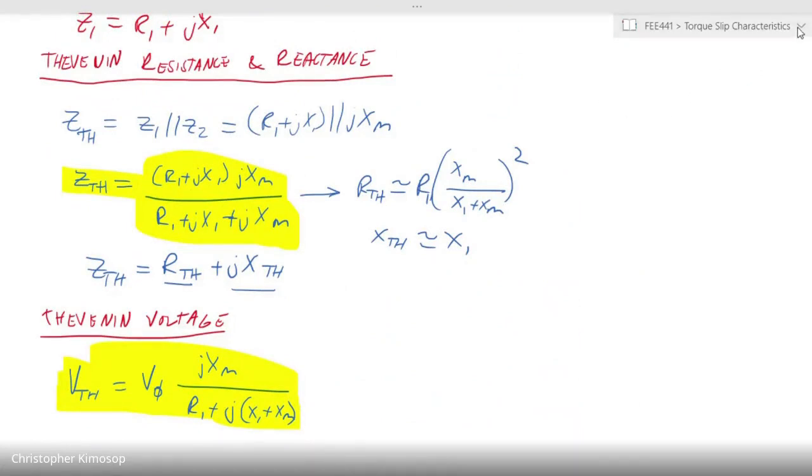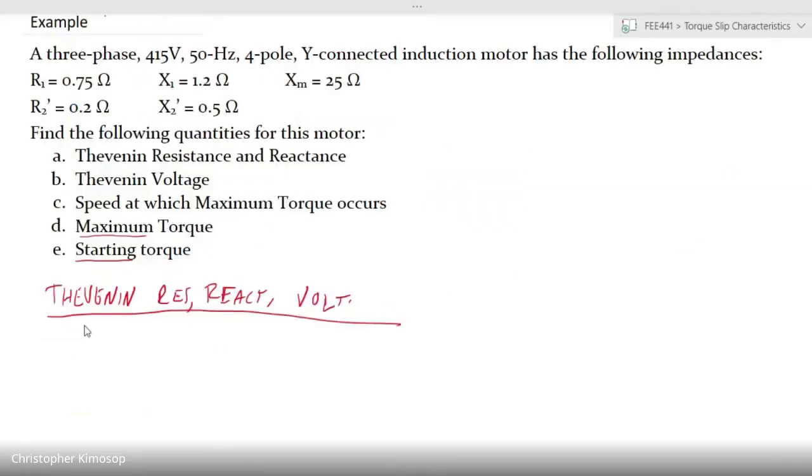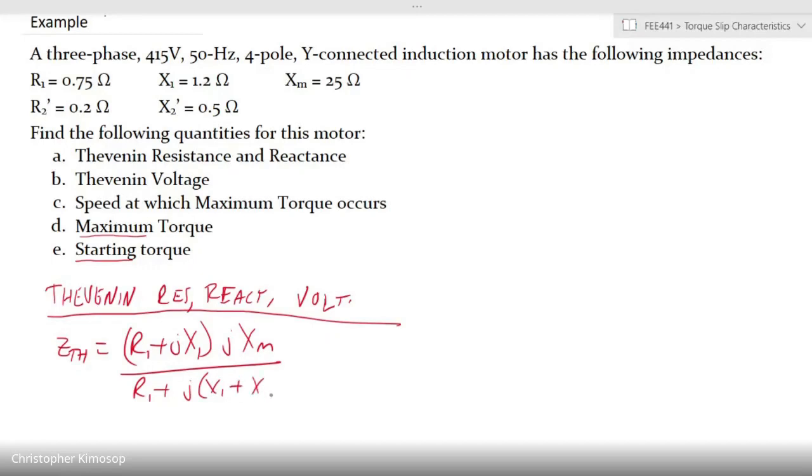So the value of the Thevenin impedance is given by R1 plus jX1 into jXM over R1 plus jX1 plus jXM.